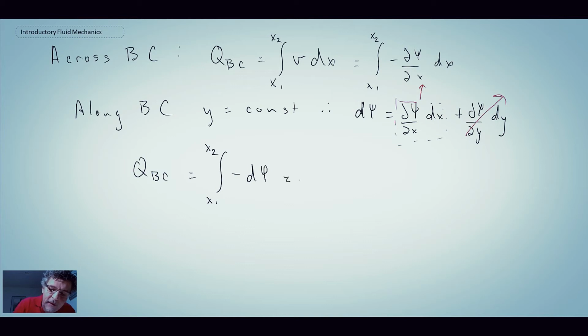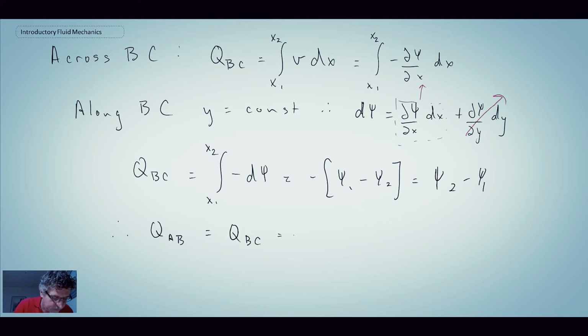And when we integrate that, we get psi 2 minus psi 1. And if we look back, that is exactly what we got between A and B. Therefore, we can write QAB equals QBC.